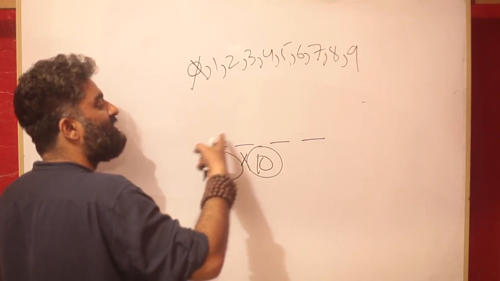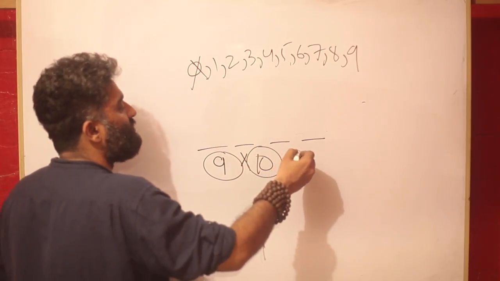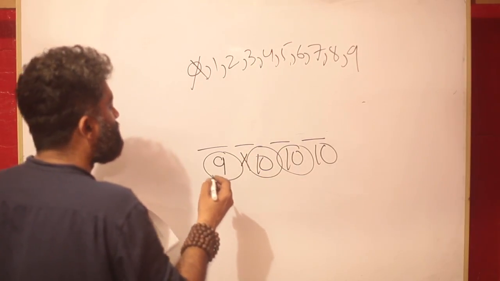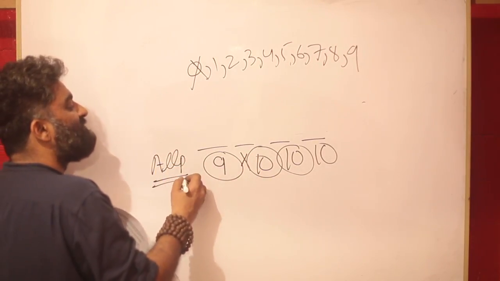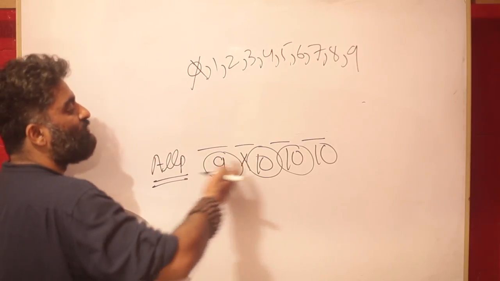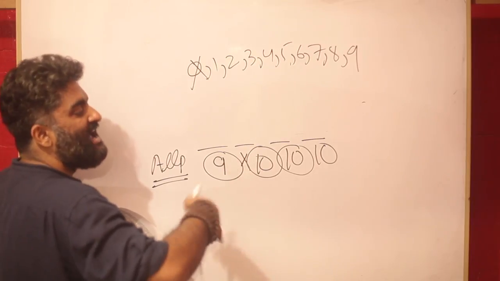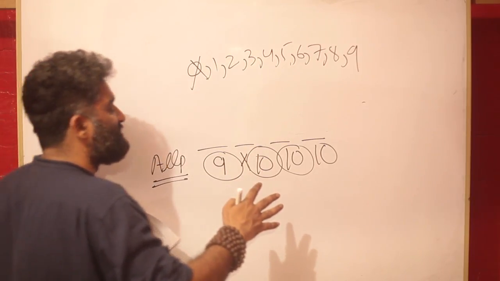Let's say if I put a 5 here, I can put another 5 here, because I am counting repetitions also right now. And again 10 and again 10, right? So this would be all possible numbers. And remember, all possible numbers contain those numbers which have repeating digits, as well as those numbers which have no repetition, right?